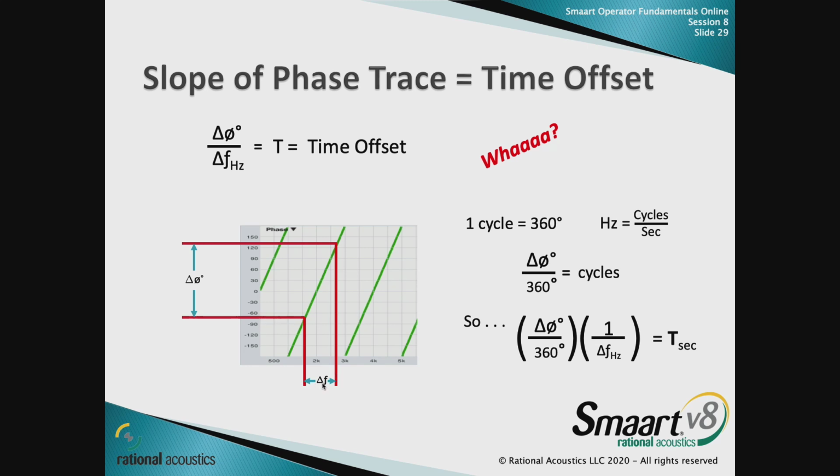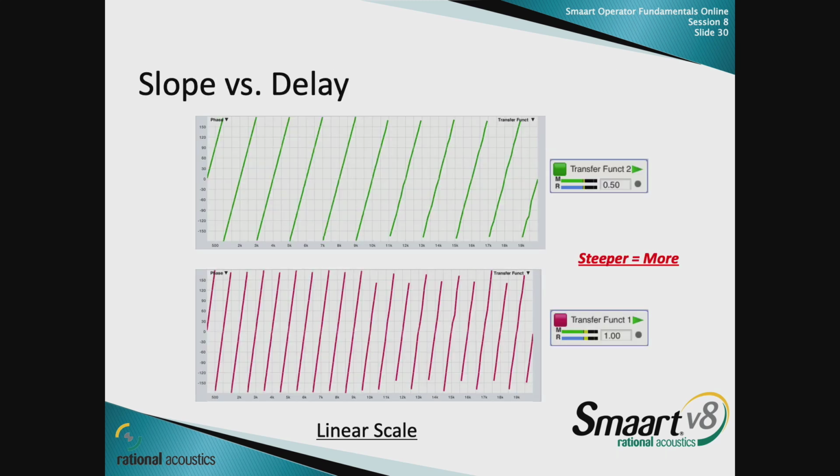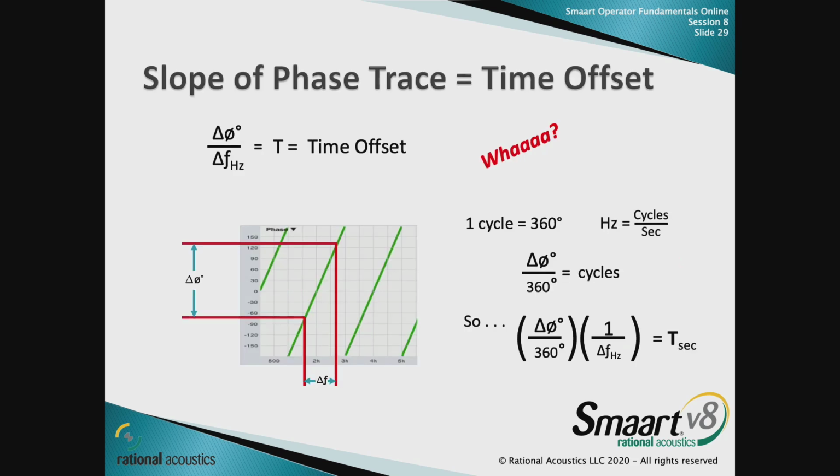Basically you say, okay, it's changing this many degrees of phase in this much frequency. How long would it take to do one full cycle? You figure out what that frequency or bandwidth was, and 1 over that is time, because frequency is cycles per second, and so 1 over frequency is seconds. So that is where you get your number. You don't have to do that, but that is a way of looking at it.